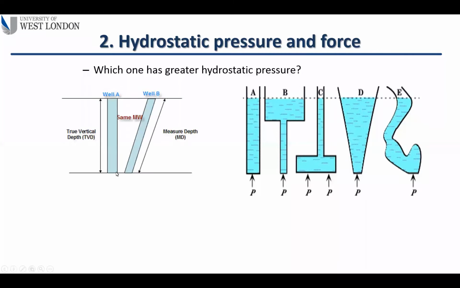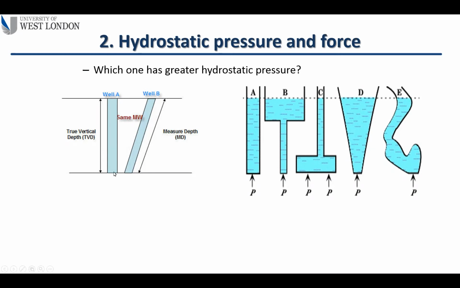Another question is that if you have two tubes, one is a vertical tube like this one, and the other one is an inclined tube like this one. However, the vertical distance or depth is the same for both of them, but this one has an angle, and this one is the smaller tube compared to this one.